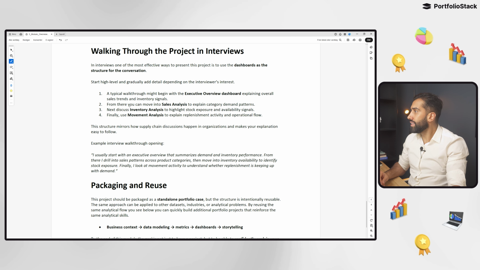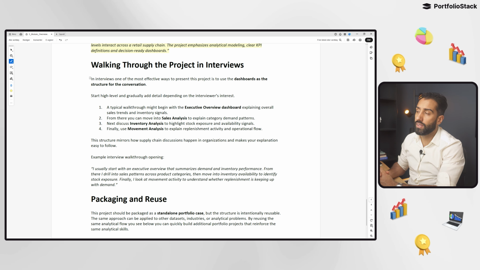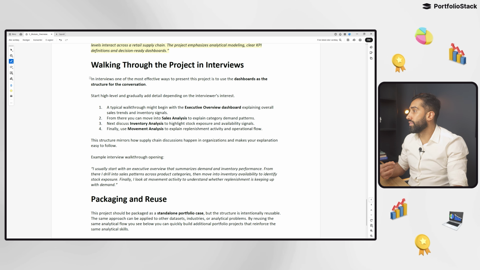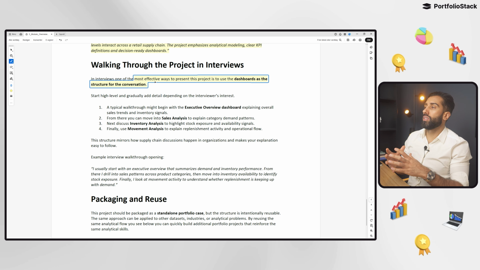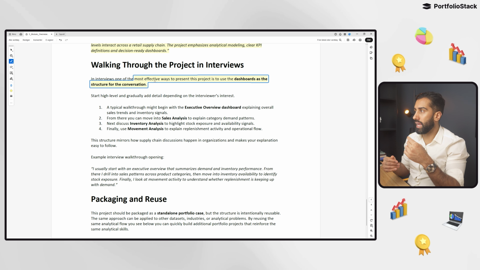And then, in an interview, it really depends on company to company how the interview goes, but a very effective way to present this project is to use a dashboard as a structure for the conversation. If you get the opportunity to get into the project and showcase it, you should use the dashboard as almost your narrative story to explain what you've done and to structure the conversation.